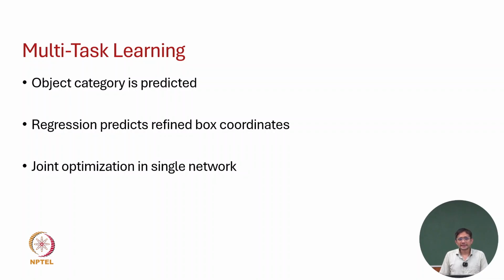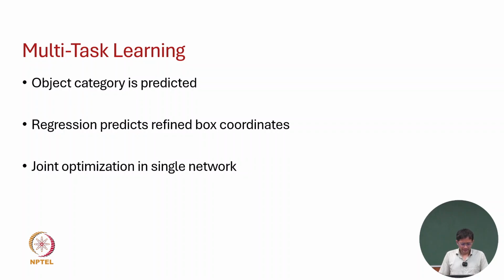Here what we are seeing is multitask learning. That is, at the same time we are predicting the object category. Obviously, as I mentioned before, object category means we can also assign to the background, so that will be n+1 categories. And at the same time we are also employing regression to predict refined box coordinates. Joint optimization is happening in a single network.